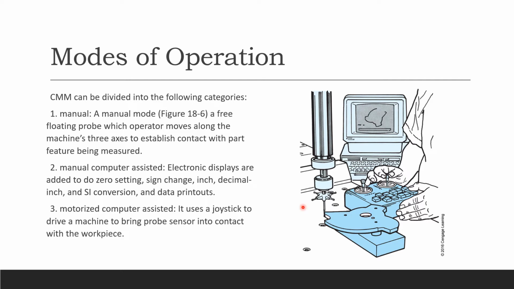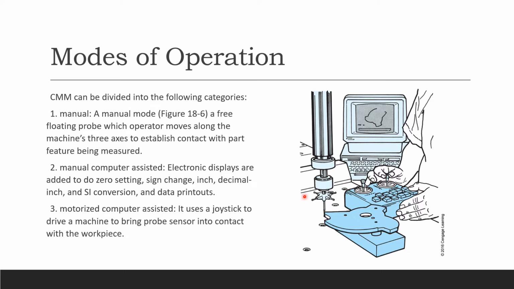The manual computer assisted is the second mode of operation, and electronic displays are added to do zero setting, calibration, sign change, direction, inch unit, decimal inch unit, SI conversion, and data printout for your records.